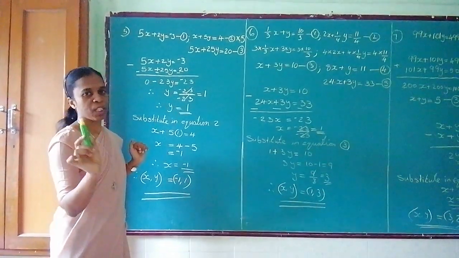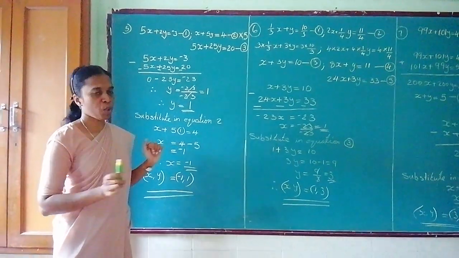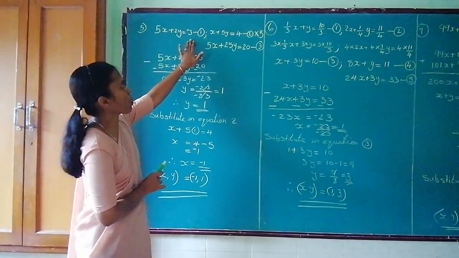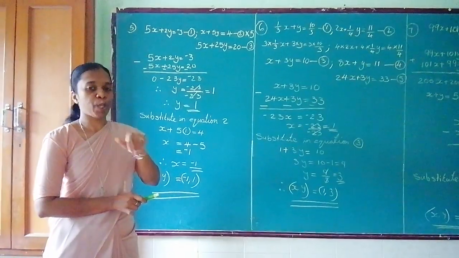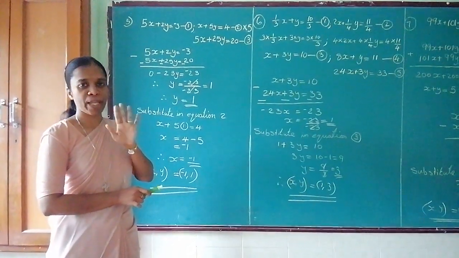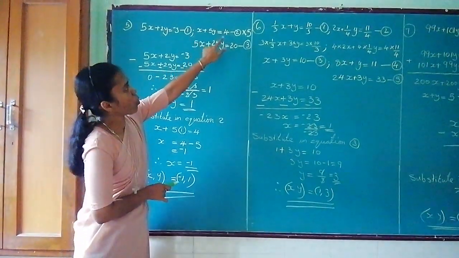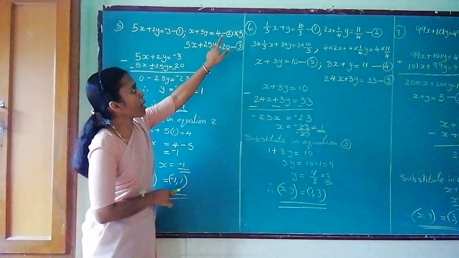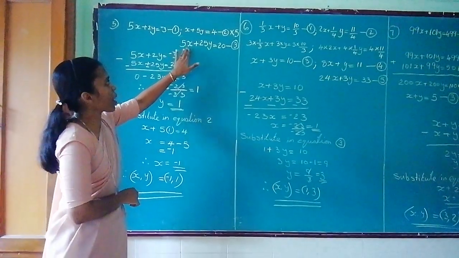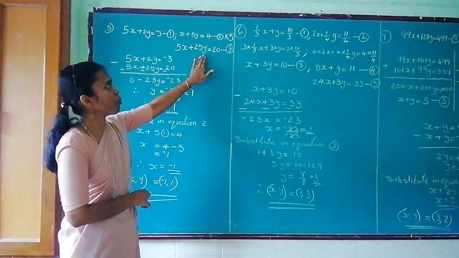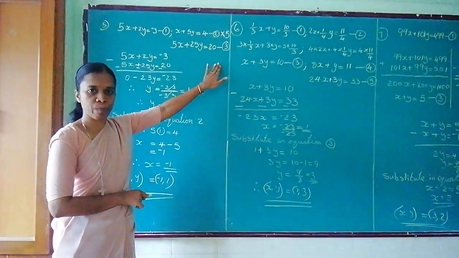If you want to equate the coefficient of y, you have to multiply this equation as well as this equation, so there come two steps. But if we are equating the coefficient of x, we have to multiply only the second equation. So we are multiplying the second equation by 5. So we get 5x + 25y = 20.